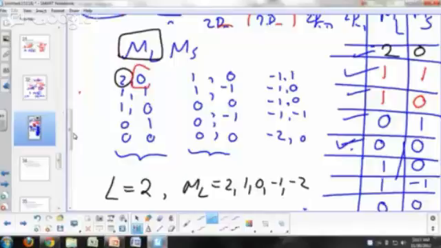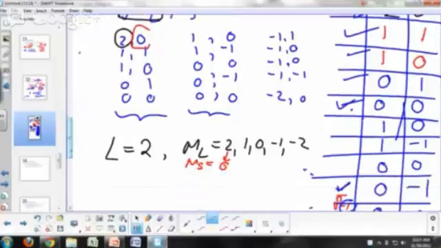That means for this M sub L equals 2, the M sub S that corresponds to that is 0. There is no other possible M sub S. So what must be the S that's associated with this? That must be for S equals 0. You cannot have any other S other than S equals 0. So what is the term that corresponds to this?